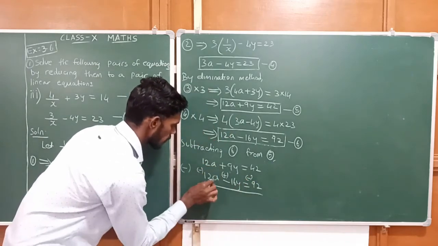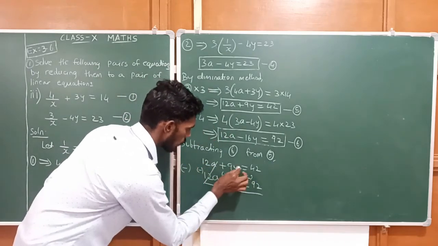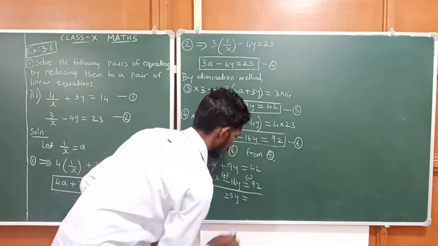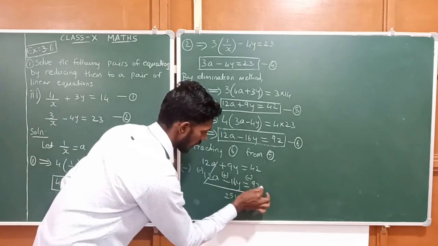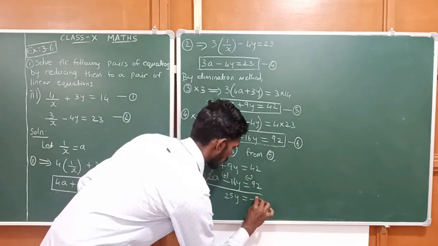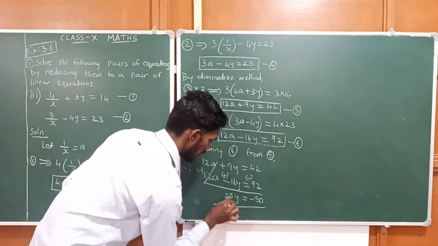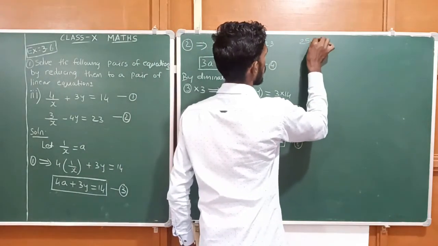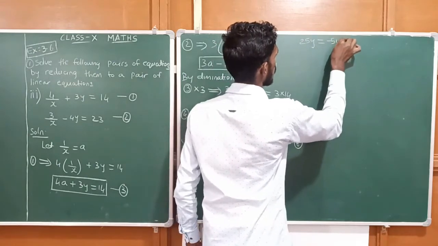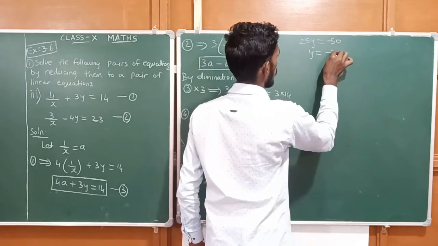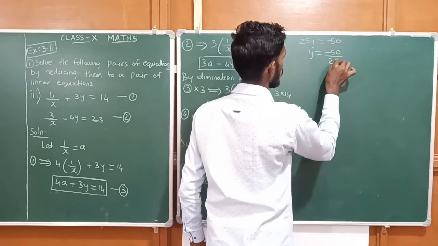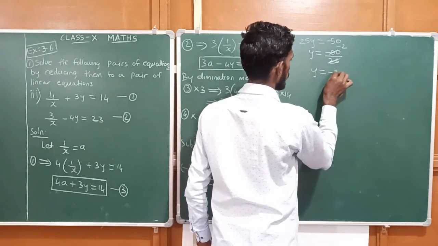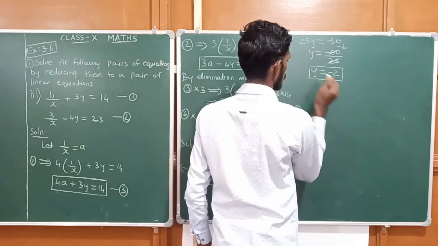So 12a minus 12a will be cancelled. 9y plus 16y gives 25y is equal to 42 minus 92 gives minus 50. So we are getting 25y is equal to minus 50. Then y is equal to minus 50 divided by 25, which gives minus 2 by 1. So the value of y is minus 2.